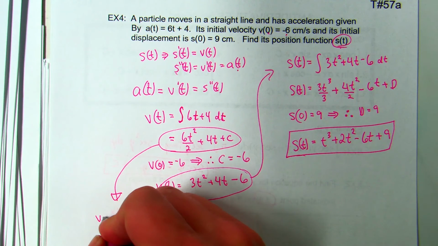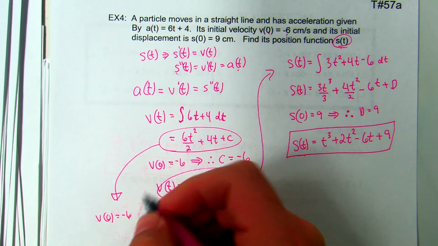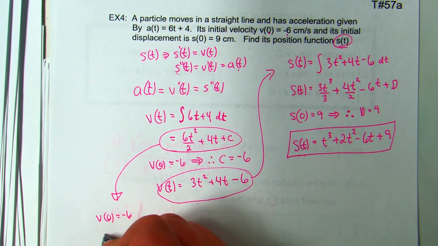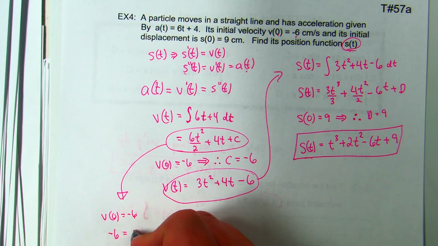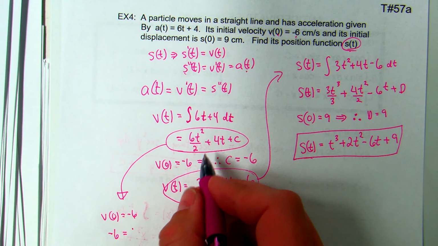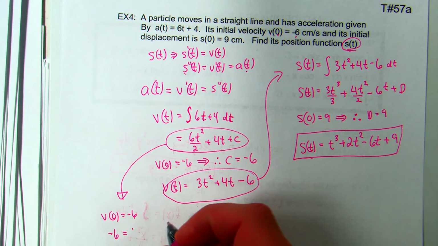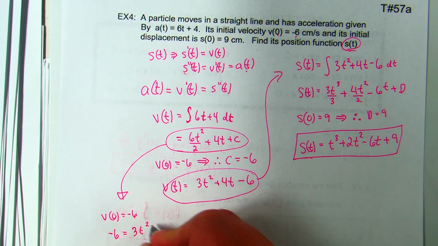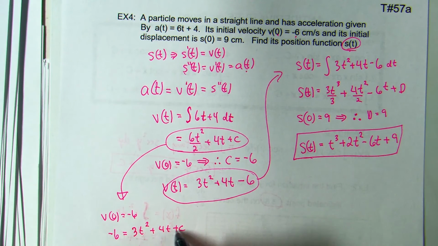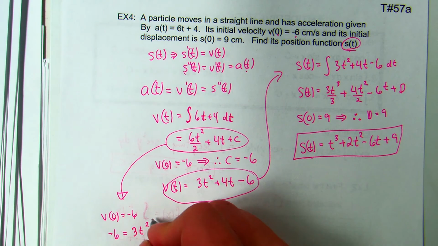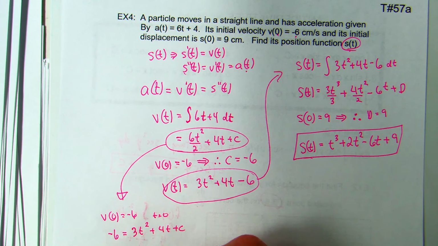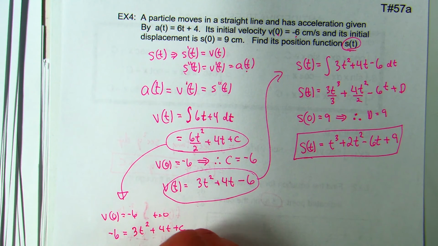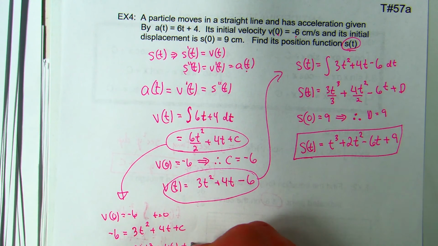That means that when I plug a 0 in to this velocity function, which is 3t squared plus 4t plus c, and all of that equals negative 6 when t equals 0, then negative 6 is going to be 3 times 0 squared plus 4 times 0 plus c.